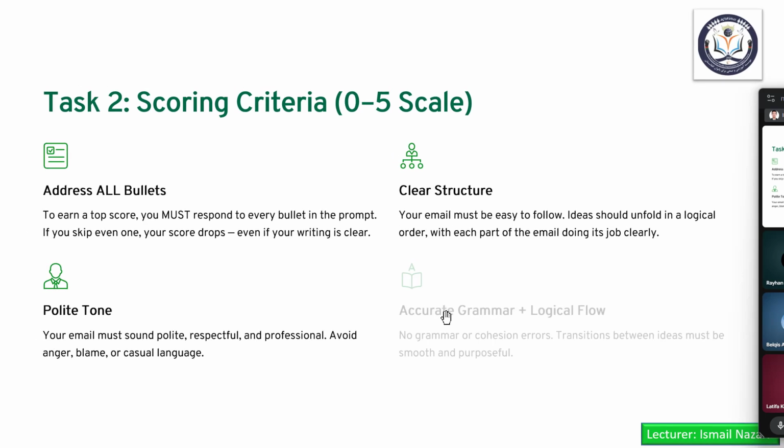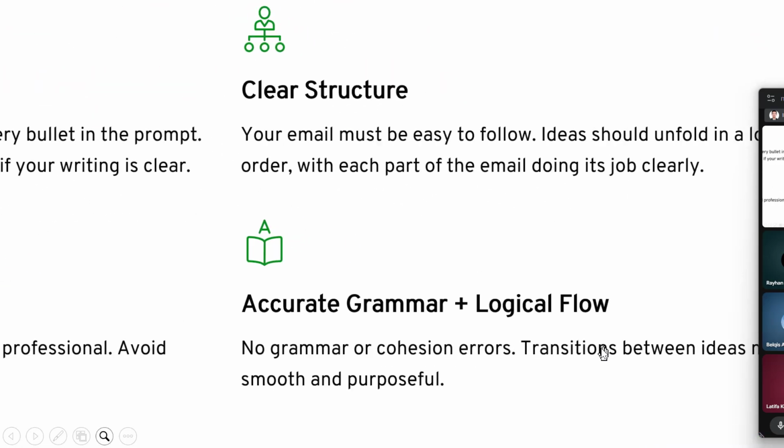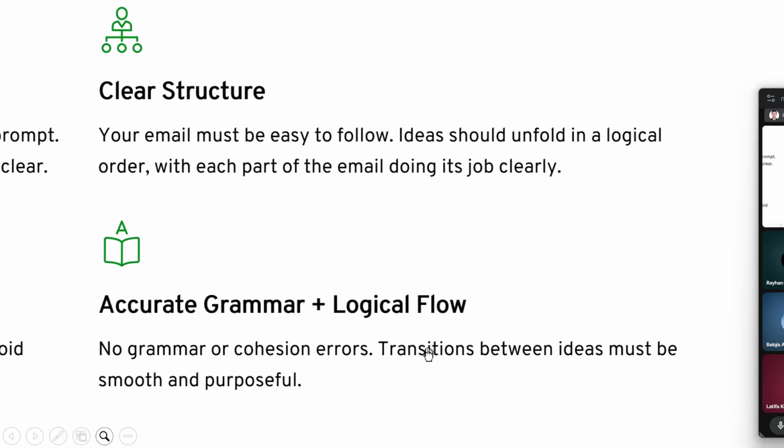The next is grammar and logical flow. Grammar and logical flow is the last important criterion in writing an email. When we say accurate grammar, it simply refers to how accurately and without errors we write sentence structures. It is part of grammar.